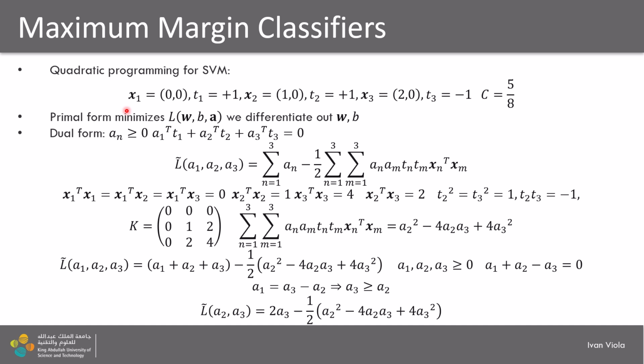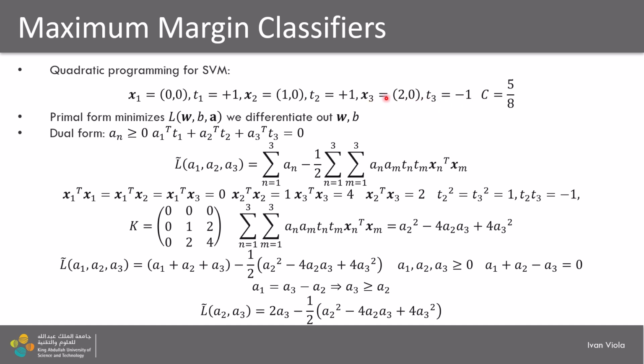So we have a test case with a training set where the x1 point is 0, 0, and it is classified with t1, which is +1, x2 is 1, 0, and t2 is still +1. Then we have point x3, which is 2, 0, and t3 is -1.